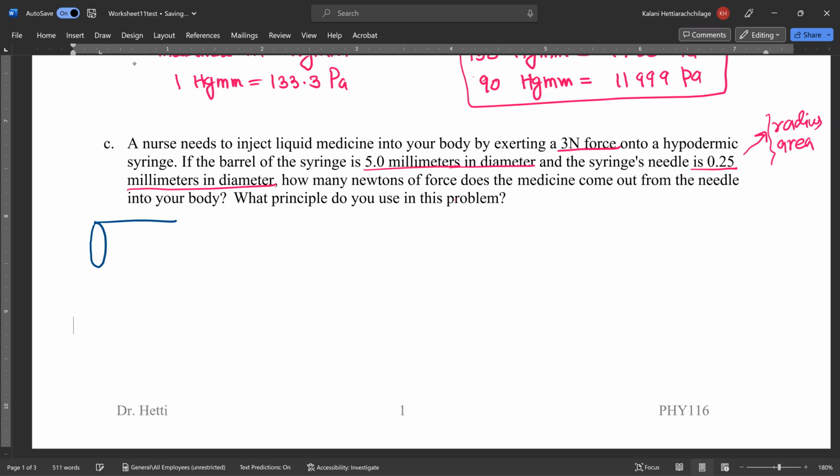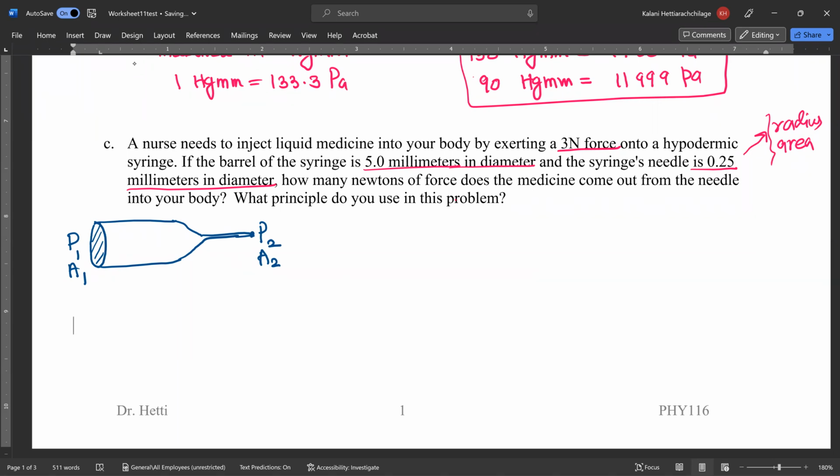I'm just going to draw your syringe first. We'll say I have a syringe like this. This end is opening to the needle, right? Now we'll say this is P1 and this is P2, and then you have cross-sectional area A1 and cross-sectional area A2. Whatever pressure you are applying in this place will be the pressure coming out in this place, right?